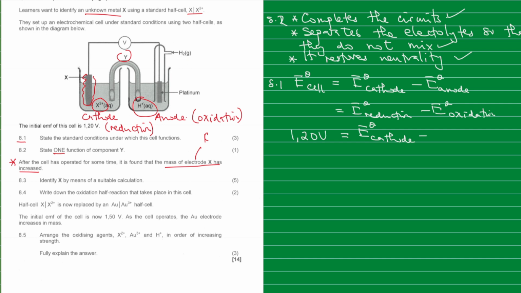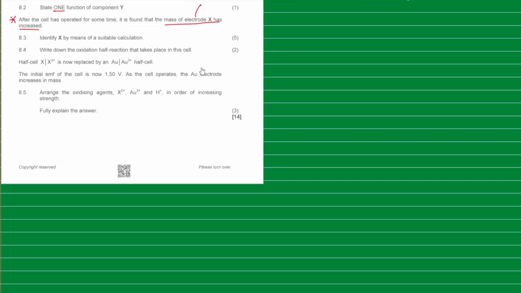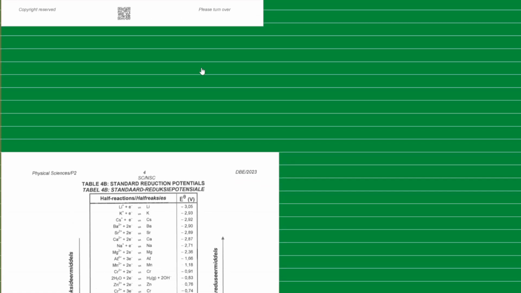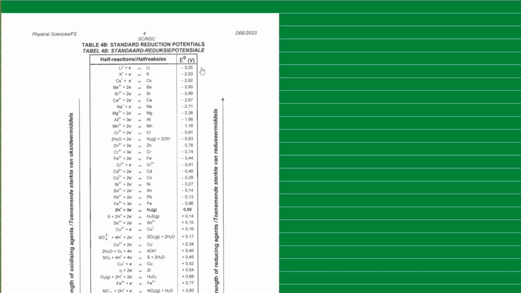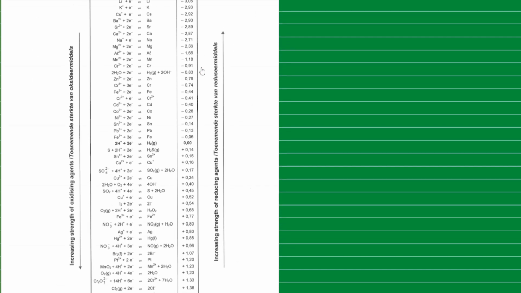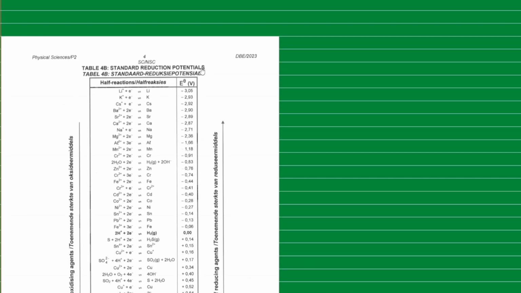So the E standard for this half cell is 0.0 volt. We can actually get that from the table of reduction potentials. That's what we must use here. There are two tables, table 4a and table 4b.